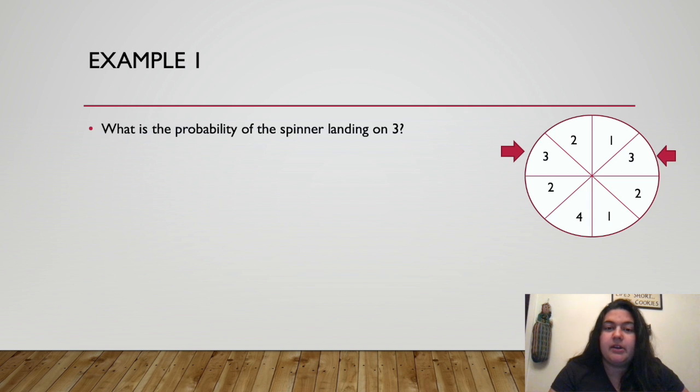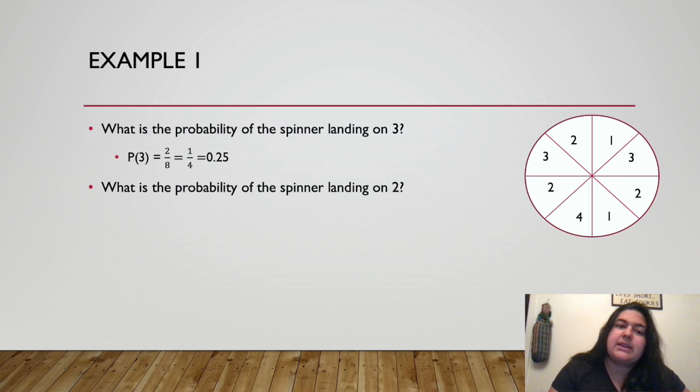We have one here, one there. Okay, so that's 2 3s out of the 8 possible outcomes. We're going to reduce this fraction from 2 over 8 to 1 over 4, and if we put that into decimal form, that is 0.25. That is our probability of spinning a 3.